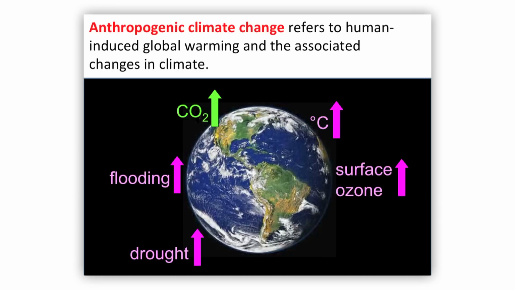So is surface ozone concentration, and ozone is an allotrope of oxygen, so it has 3 atoms of oxygen rather than 2. Carbon dioxide and ozone are good examples of asymmetric molecules, which means that they absorb infrared radiation. By doing that, they cause an increase in temperature, and so the surface temperature is also increasing.